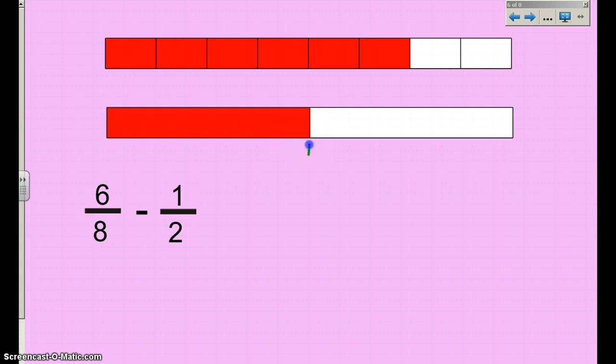Okay, I'm going to start with my models. 1/2 is on the bottom, and remember, I have to make my denominators the same. So I'm going to make that 1/2 into 8 equal parts. Okay, so 1/2 is really 4/8. And when we're subtracting, that means we're taking away.